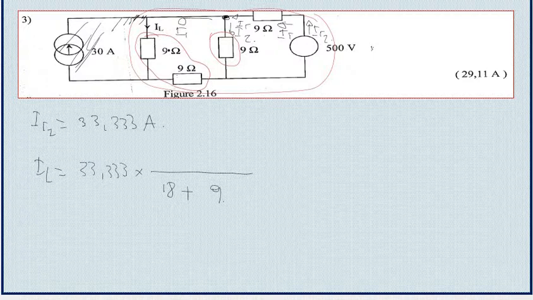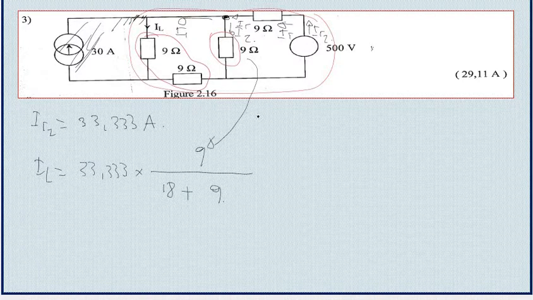Because the current is passing through this resistor, so the opposite resistance of that one is 9. That block is in opposition to the resistor through which the current that you are looking for is flowing. So I'm going to use that block on top.